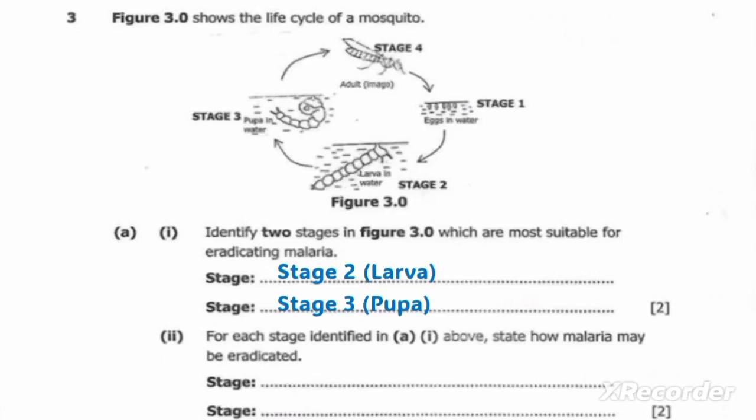will prevent the larva from accessing oxygen. And we know that for animals to survive, they need oxygen. So if the larva is prevented from accessing oxygen, then this larva is most likely to die.